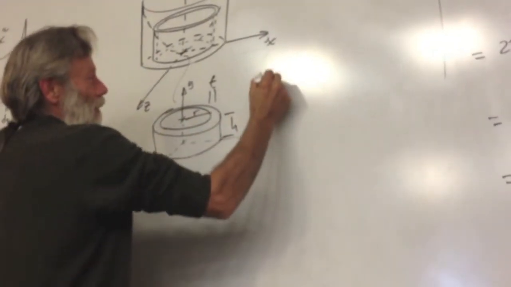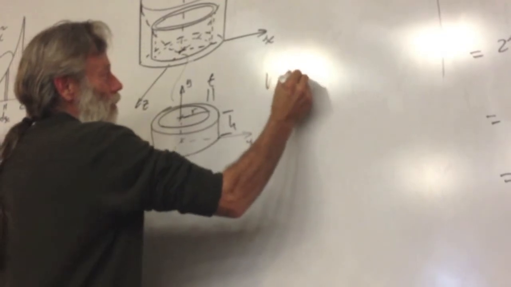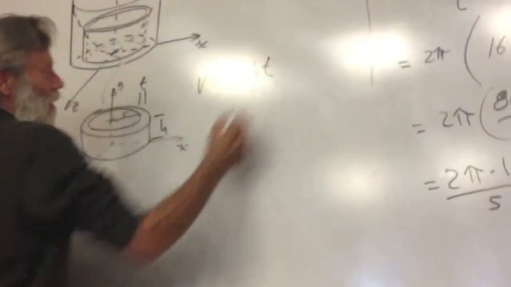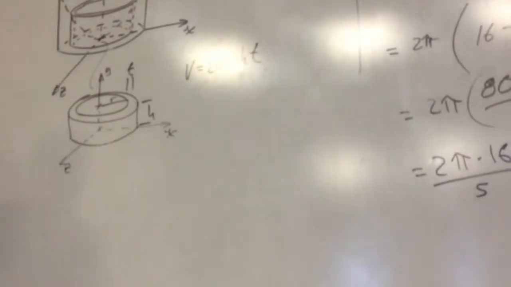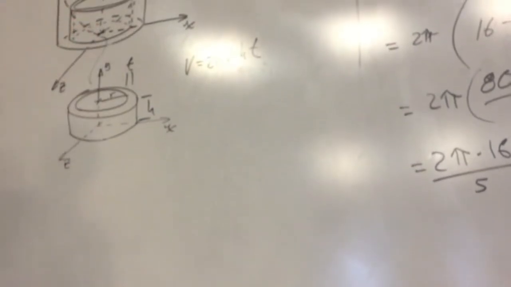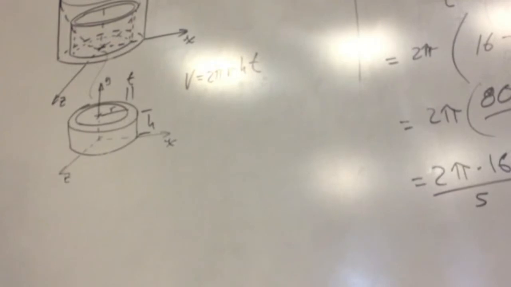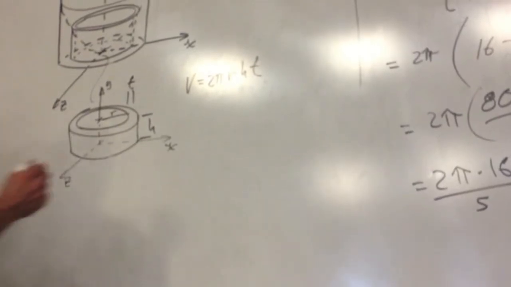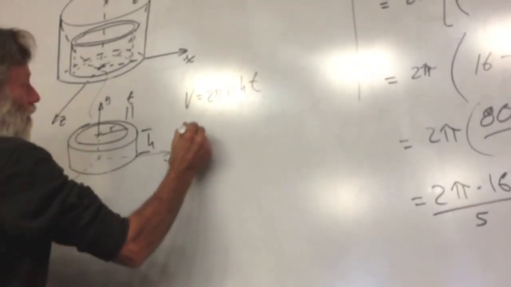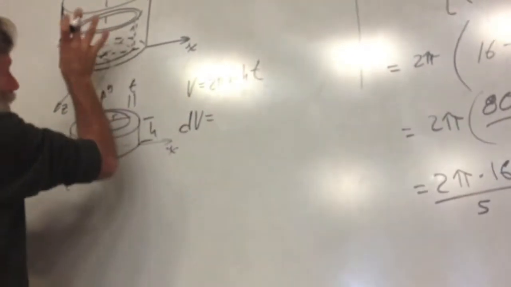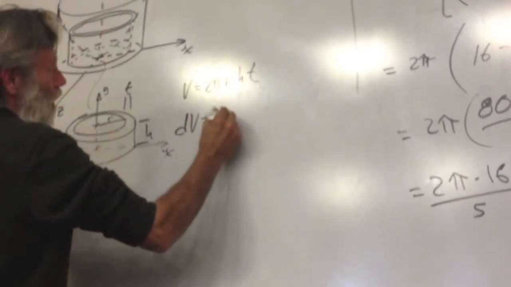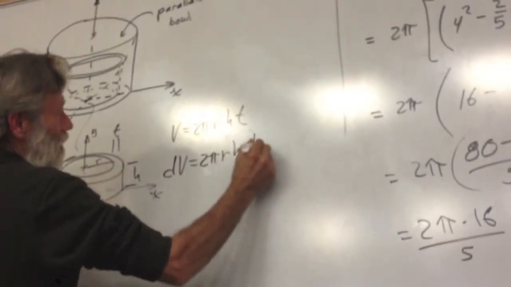You have the general notion of volume being 2 pi r h t. When we compare what we have to this general framework, we see that the thickness is a dx. So I can therefore infer that a differential volume of one of these little shells is 2 pi r h dx.